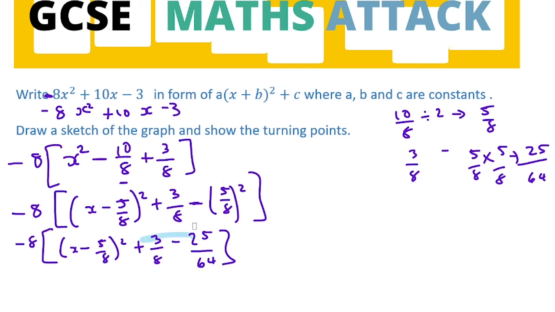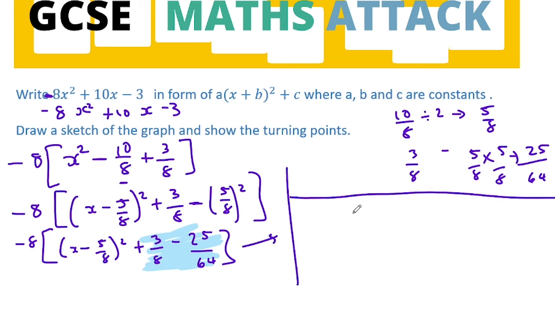After I've done that, I need to simplify this part over here. So I'm left with minus 8 (x minus 5 over 8) squared, plus 3 over 8 minus 25 over 64, which gives you minus 1 over 64.